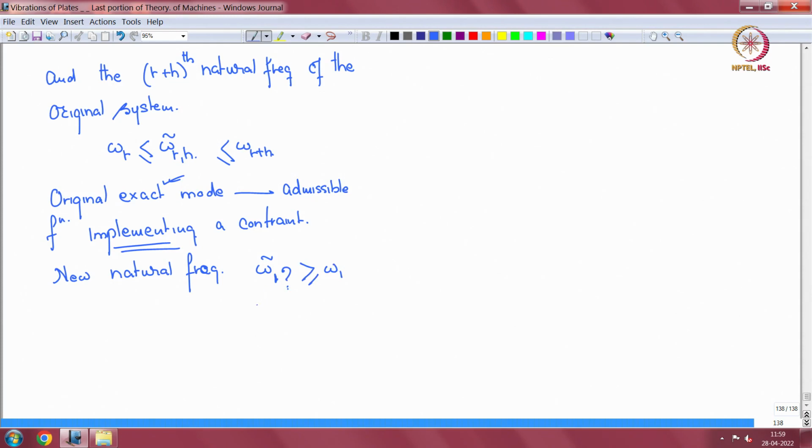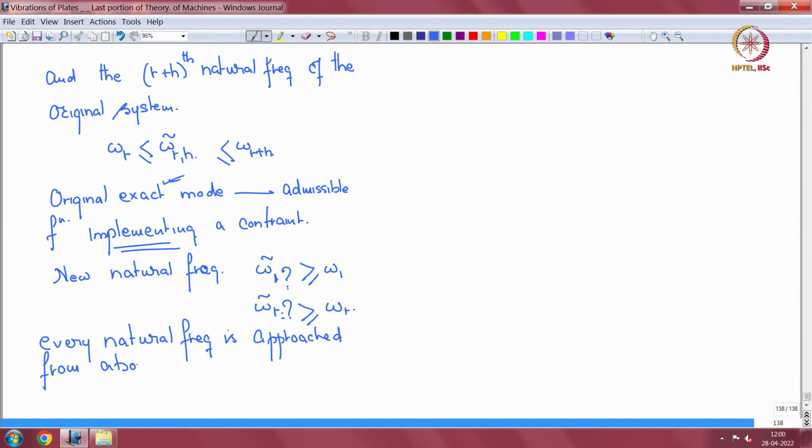Similarly, the rth one, omega tilde r, the admissible function here is greater than omega r. So, every natural frequency is approached from above, when you implement the Rayleigh-Ritz method.